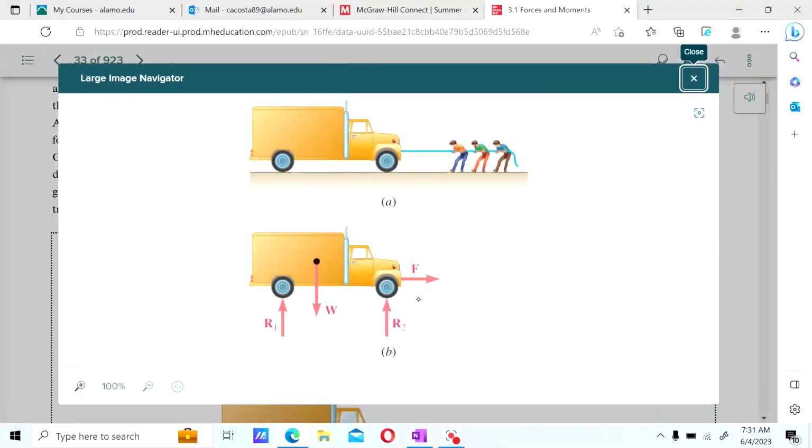So there's one force here that is pushing, or I said better, pulling the truck. There's the weight of the truck, which is a force, and there's a force in each tire holding the truck.